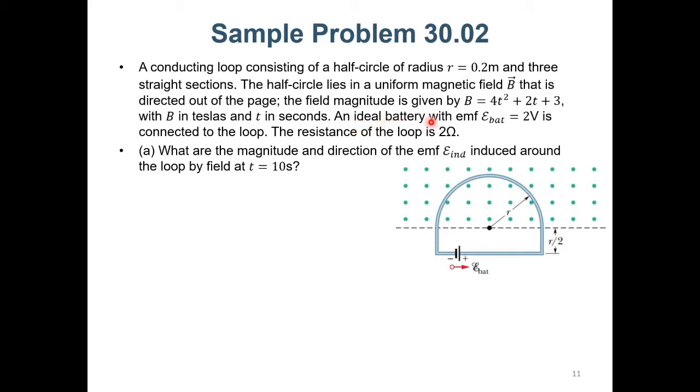An ideal battery with EMF E bat equals 2 V is connected to the loop. The resistance of the loop is 2 ohm. What are the magnitude and direction of the E induced around the loop by the field at t equals 10 seconds?